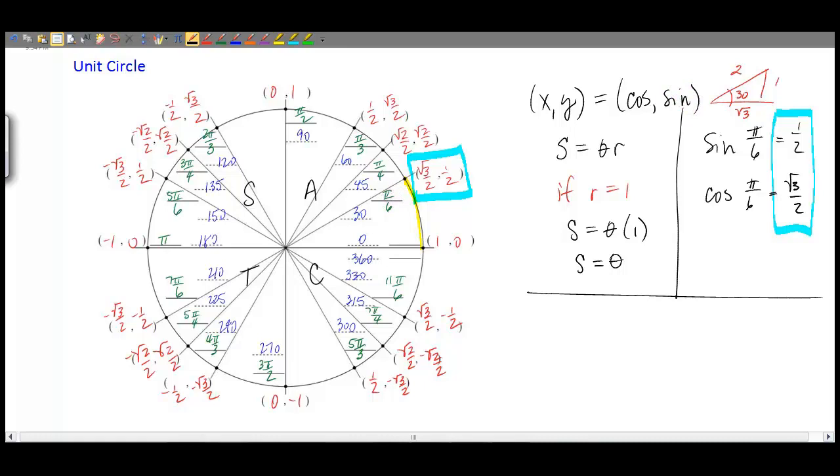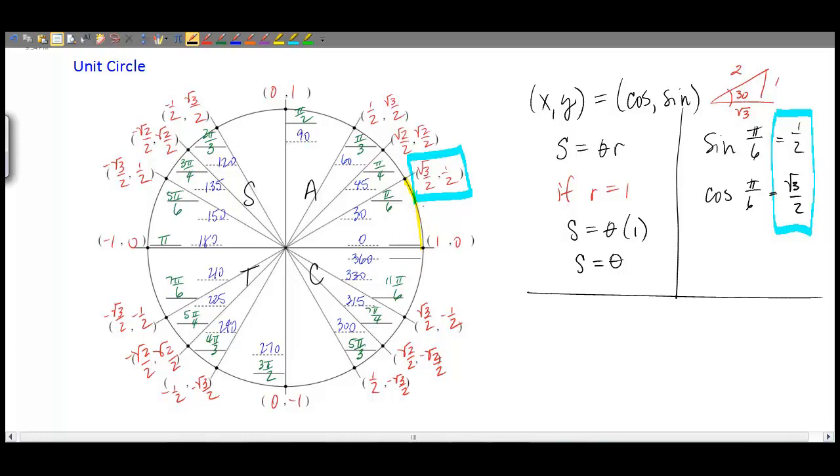Relating that to angles and arc lengths, remember that the radian value of theta and the arc length are both the same thing. So if I take the cosine of the arc length and the sine of the arc length, that's what I'm getting from these ordered pairs.